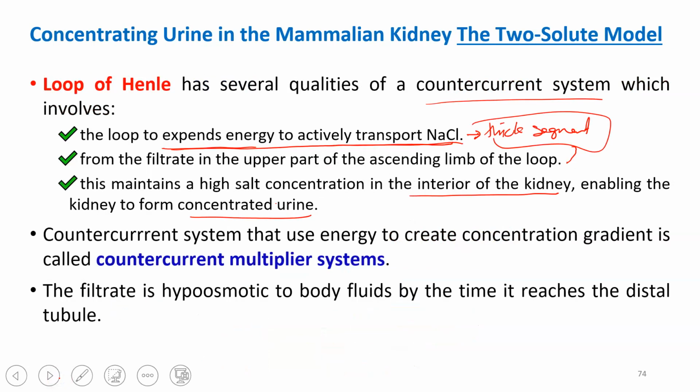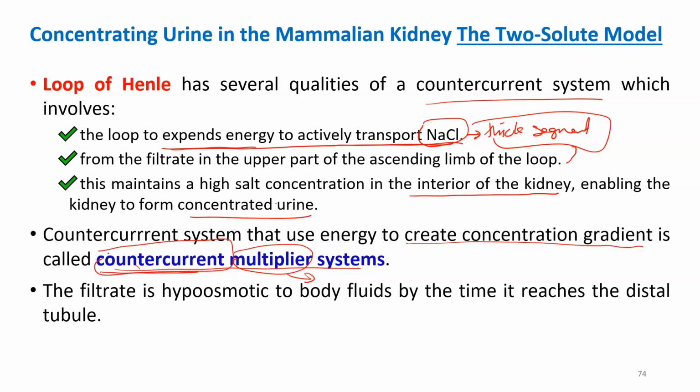Okay, so countercurrent system that uses energy to create a concentration gradient is called countercurrent multiplier system. Multiplier system, why? Because it uses energy to actively transport sodium chloride to cause interstitial fluid to be very concentrated. Countercurrent because it involves fluid flowing in the opposite direction.